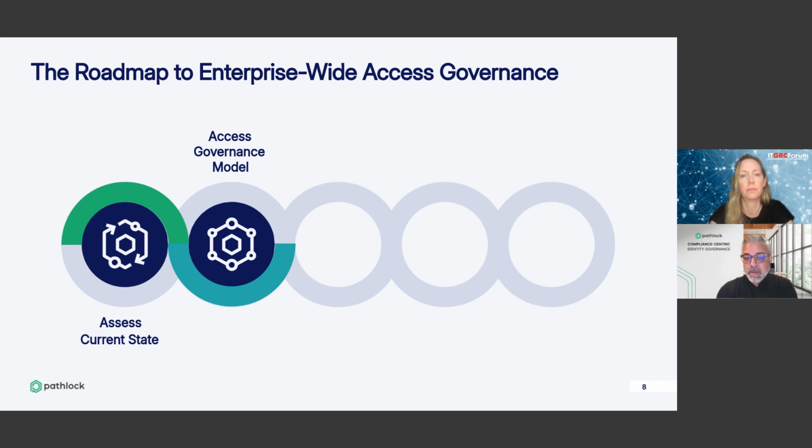There might even be non-human identities that you need to take into account. Those could be service accounts, bots, agentic AI. Like all of this could have access that you need to bring in, understand what the authoritative source is, and then start correlating those identities to the accesses they have in the applications.